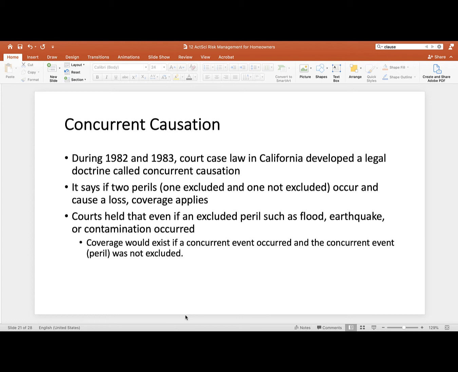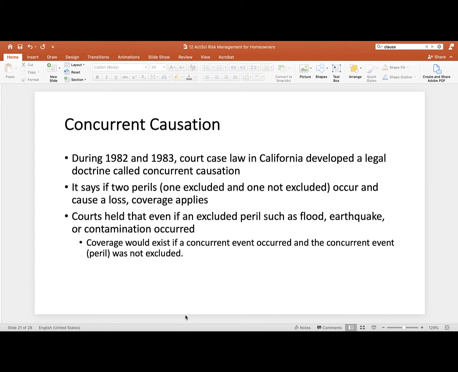So let's take an example. This commercial building is damaged by both wind and flooding from heavy rain. The building is insured under a standard property policy, that's what we're going to assume. The loss on the policy is the result of two causes: wind, which let's suppose is covered in your policy, and flooding, which is excluded from your policy.